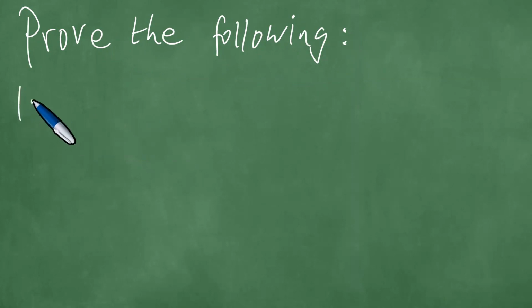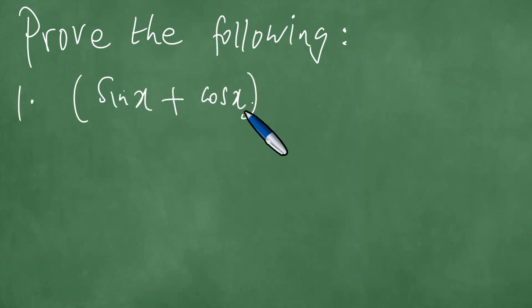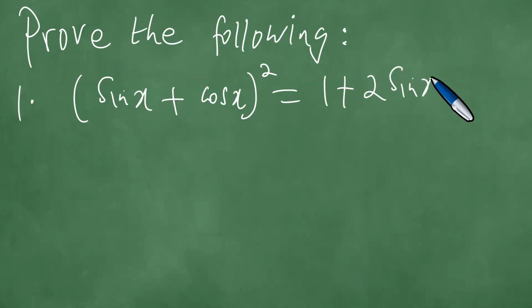Number 1. Sine x plus cosine x, all squared, is equal to 1 plus 2 sine x cosine x. Then we're going to do number 2 as well.